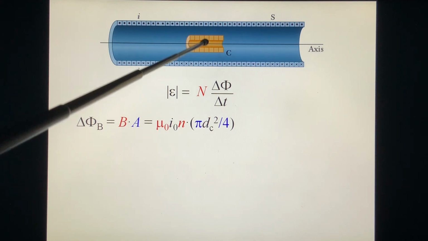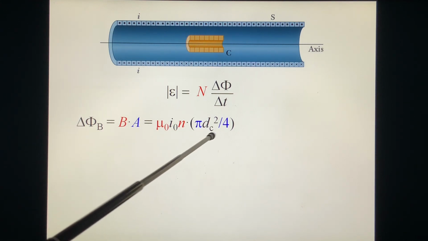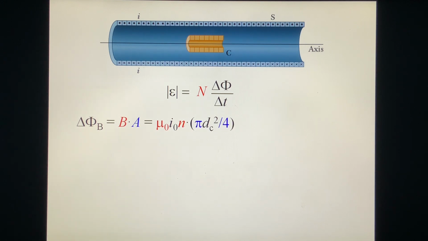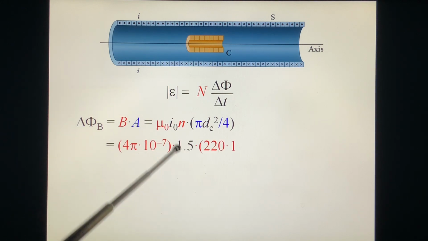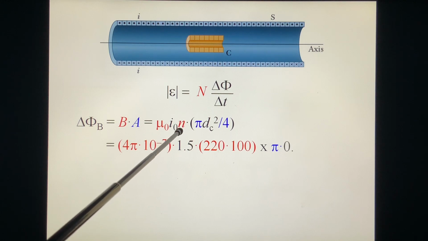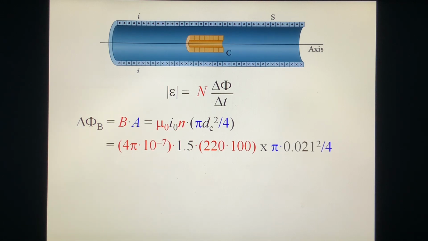This is the area of the small coil, pi r squared, or pi d squared over 4. We'll put numbers inside. This is a constant, this is 1.5, and this is n. n is defined as turns per unit length. Here the length should be in meters, and the given data is per centimeter, so we have to multiply by 100 because 1 meter equals 100 centimeters. Then we get the answer.